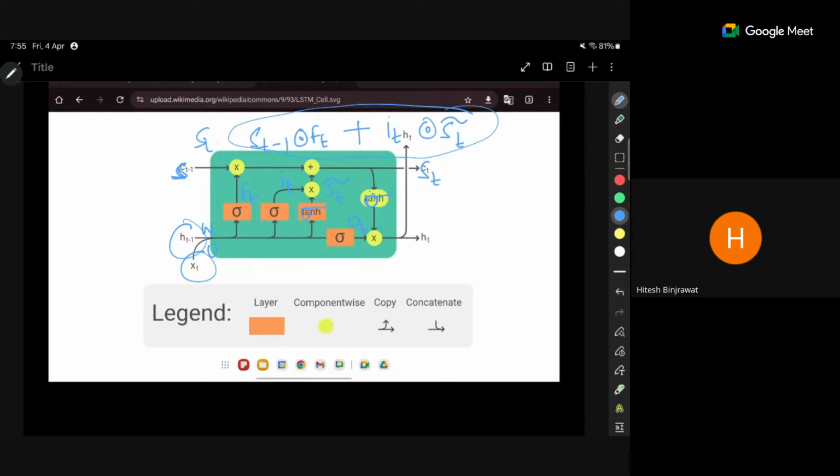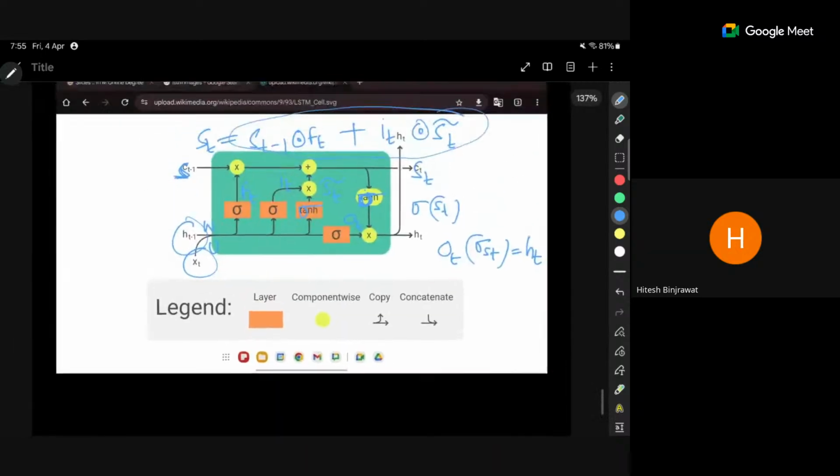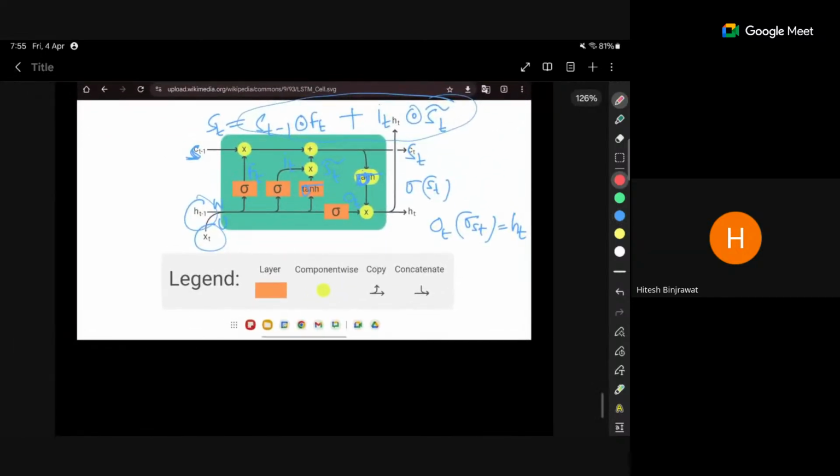Whatever this summation is, you can call it ST, and that will go through another sigmoid neuron and produce sigmoid ST. The multiplication of OT and sigmoid ST is HT. Another is ST, which is the summation of this. So there are three things coming here. One is this portion, which is the input gate. Sorry, forget gate.